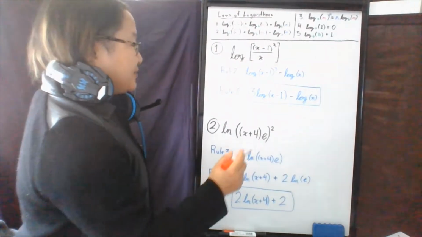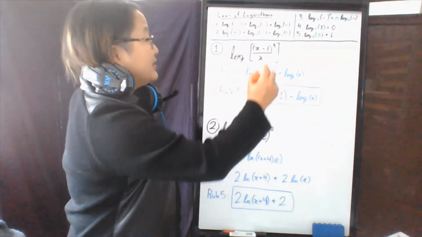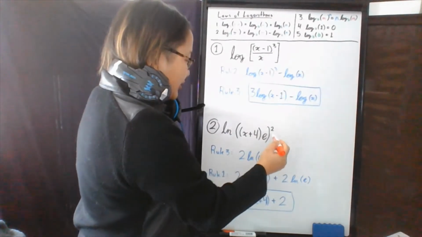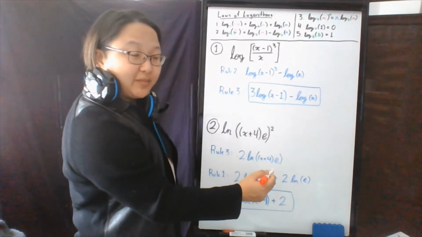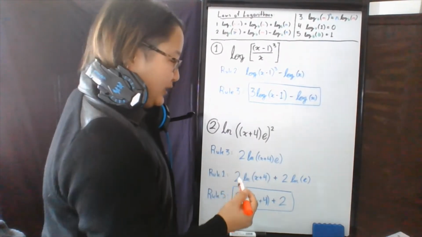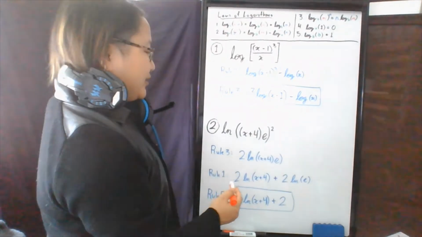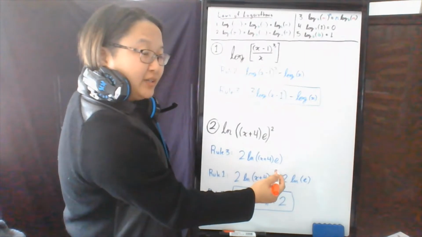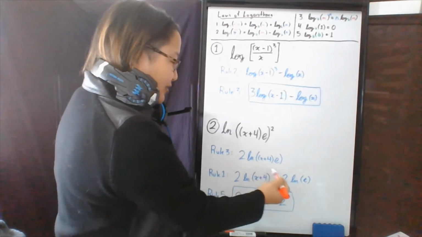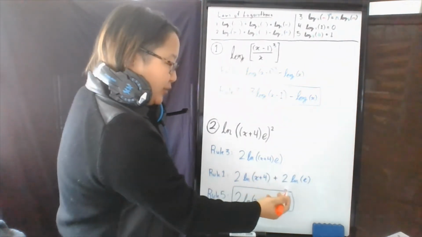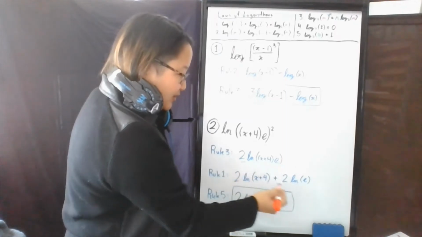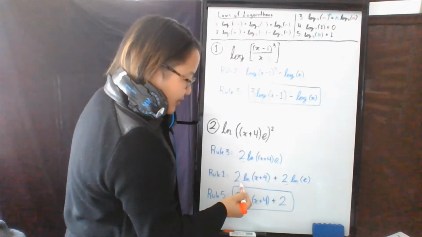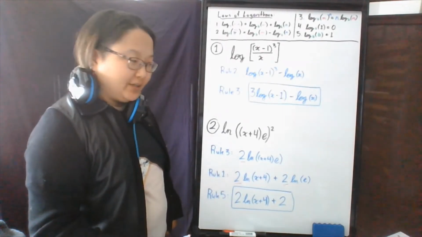The first step in this one is to take rule 3 and get that 2 down in front of the whole logarithmic expression, the natural logarithm. Then, in the next step, we apply rule 1 and take apart the 2 products inside the first logarithm. Note that the 2 here moves to be in front of both parts that you separated into.